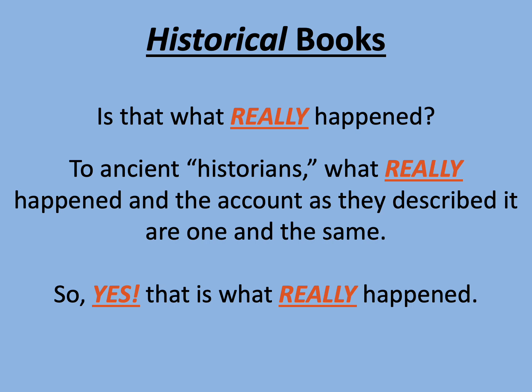Again, we need to be careful about this question of what really happened, because it may belie some bias on our part, some arrogance on our part, and a misunderstanding of how the ancients wrote histories in the first place. For them, what really happened and what they recorded in their histories are the same.